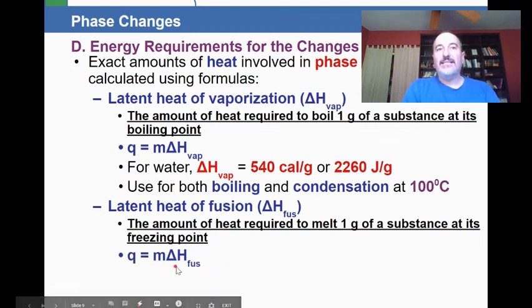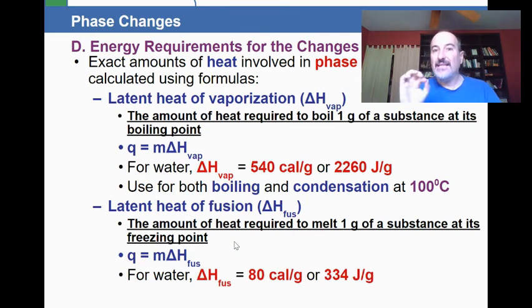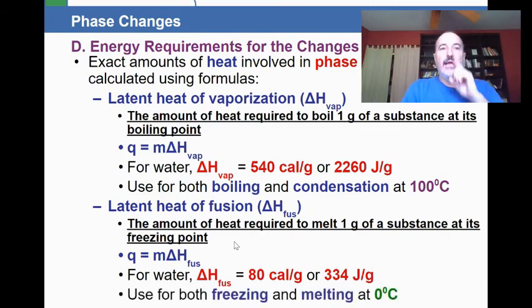It's mass times delta H, but this time it's fus, which is a different number. It's a much smaller number because, as we saw in the previous chart, it takes less energy to go between a solid and a liquid than it does between going from a liquid to a gas. All right. And you use this for both freezing and melting at 0 degrees Celsius.